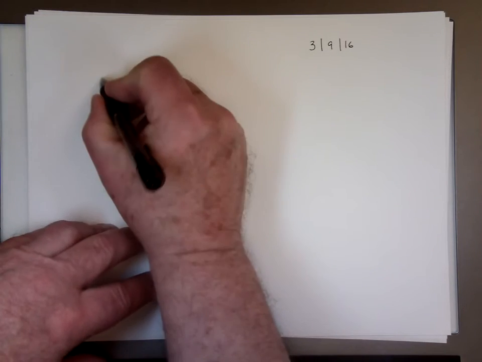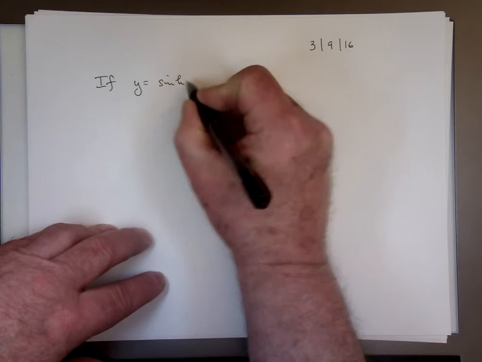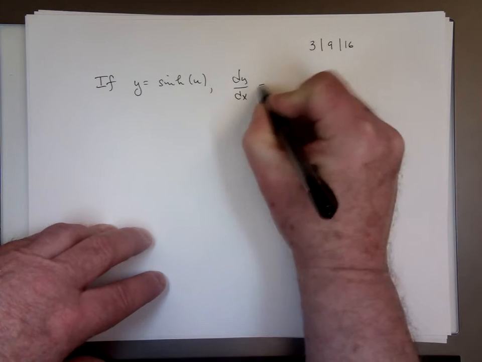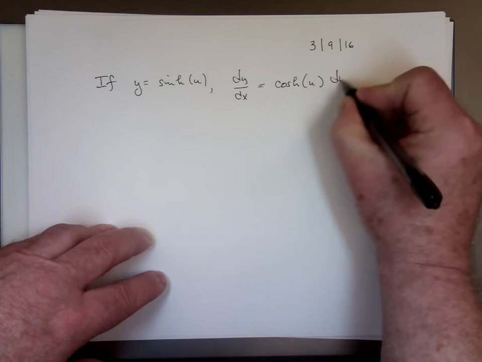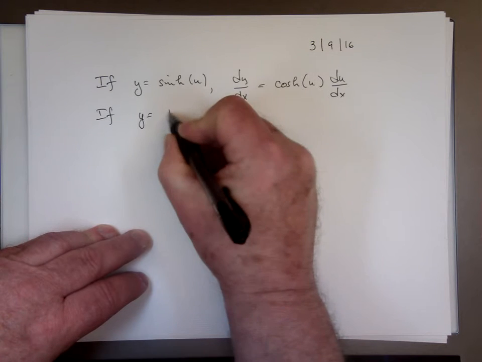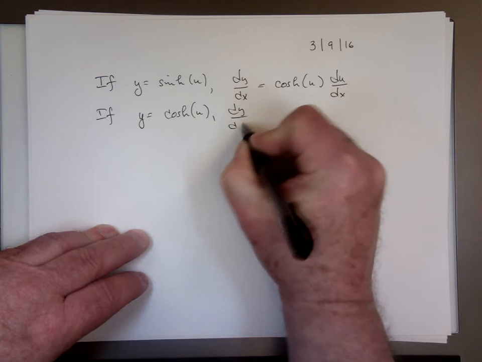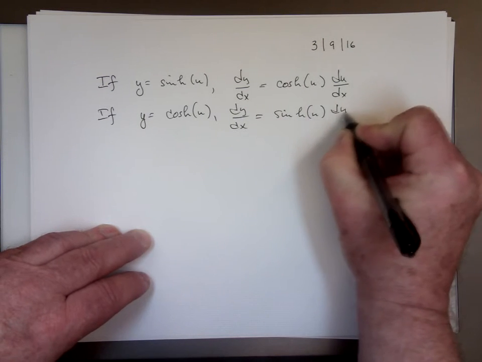If y equals hyperbolic sine of u, where u is a function of x, the derivative is cosh u, du dx. And if y is cosh u, the derivative is sinh u du dx.